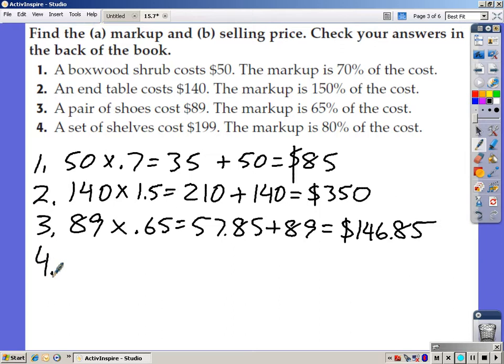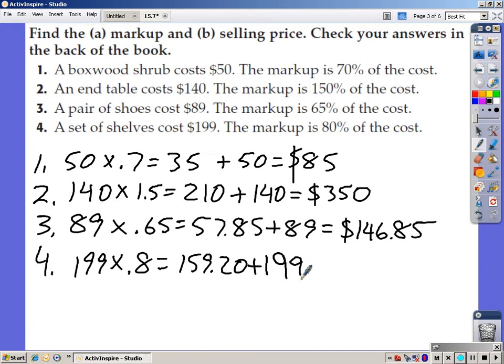And number 4, shelves are $199 times 80% is $159.20. Whoops, not times, plus $199, and you get $358.20 for the selling price.